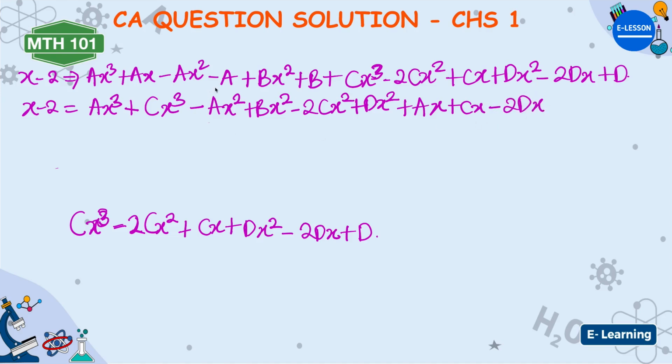Then let the constants come together. The constants we have here are minus A plus B plus D. C does not have any constant. So minus A plus B plus D. All right?